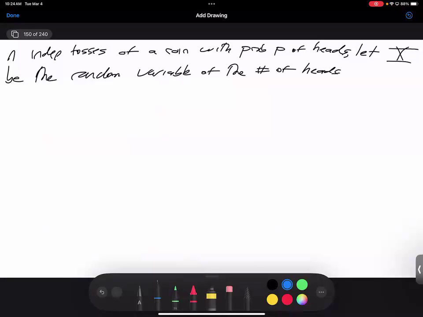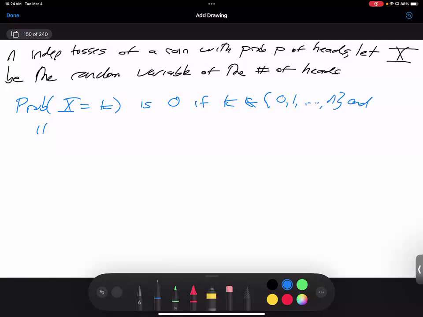We toss a coin little n times, and we count how many heads we get. 0 to n times, and it has to be an integer. So the probability X equals K is 0 if K is not in 0, 1, ..., n, and it is what?